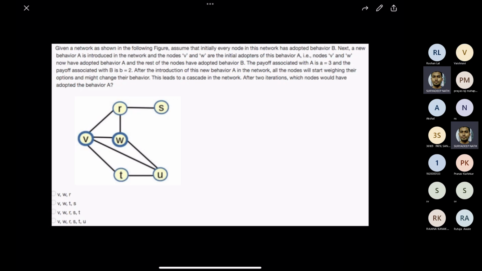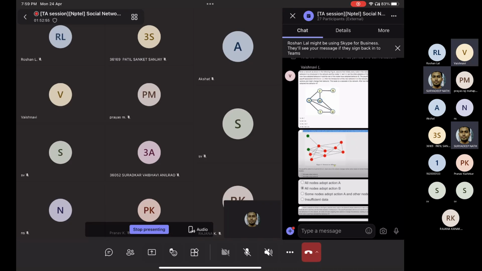So R would definitely have adopted after the first iteration. Yes, sir, exactly. I think all of them would have adopted after. But in the answer key, option B is given. I guess that is wrong. Yeah, I think that's okay.